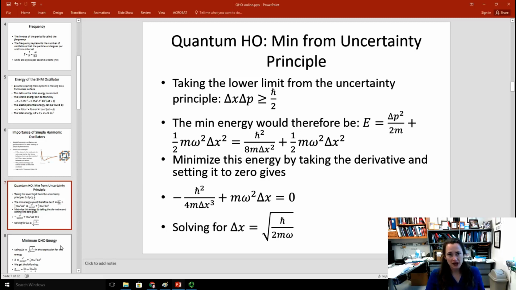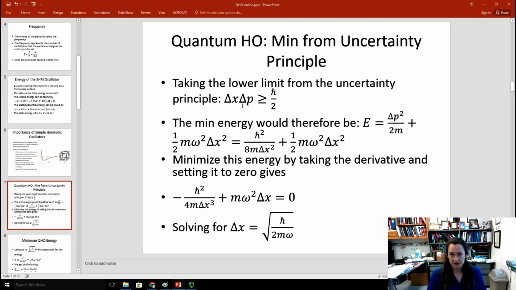If that were the case, then you'd know exactly what the momentum of that particle is, and your uncertainty of the momentum would be zero. If the uncertainty of the particle's momentum, delta p, goes to zero, then by the Heisenberg uncertainty principle, your uncertainty in the position has to blow up or go towards infinity, and that's not very physical.